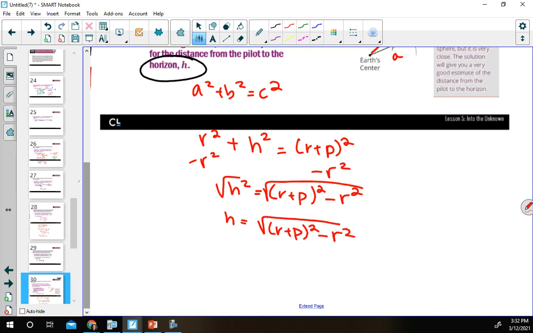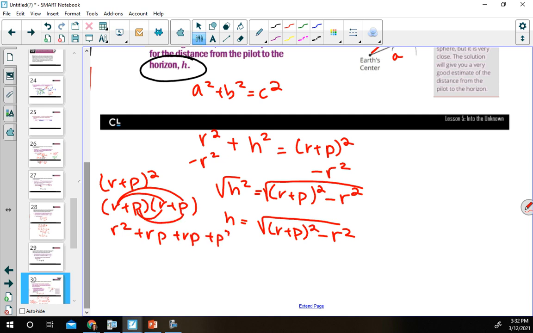like so. Okay, if you wanted to simplify, we can take that R plus P squared and write it out twice and distribute. So R times R is R squared. R times P is RP. P times R is RP. P times P is P squared. That gets me 2RP.